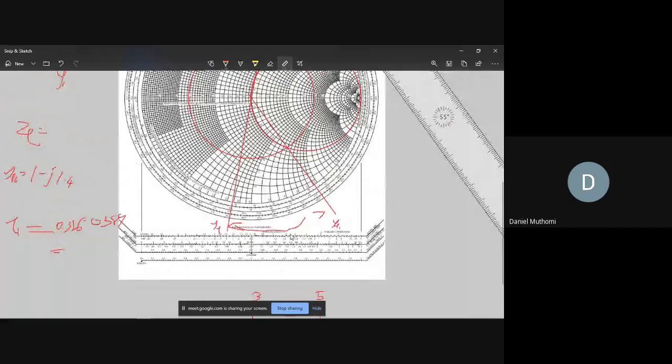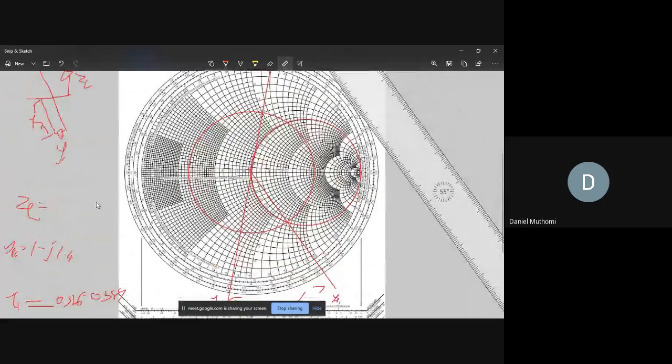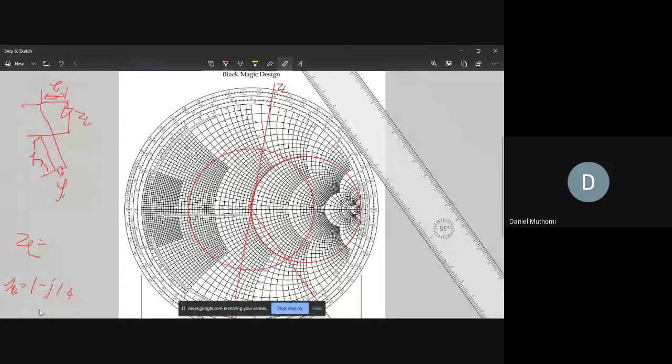Let me take you through it. In our example here, 1 minus j1.4 is the admittance of the stub. I think you can get confused. That value is the admittance when you look at this point, where the stub will be.